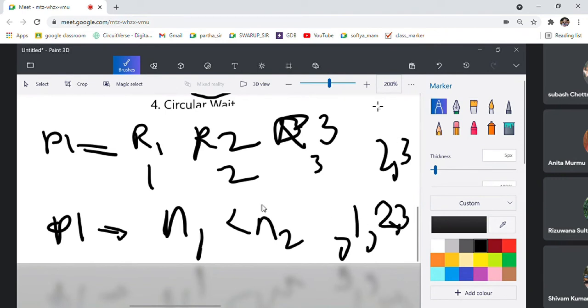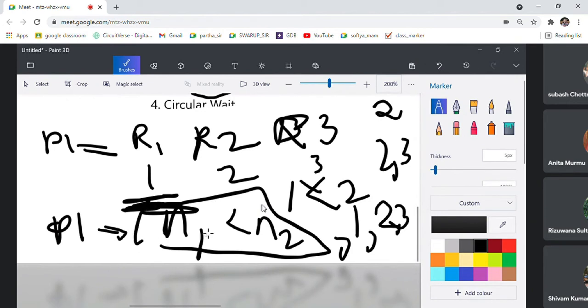Now if it has resource 2 and it is waiting for resource R1, and you have assigned number 1 to R1, then 1 is smaller than 2, so the condition here is not fulfilled. Don't assign them resources immediately, because now this number is smaller, it may create a circular wait.